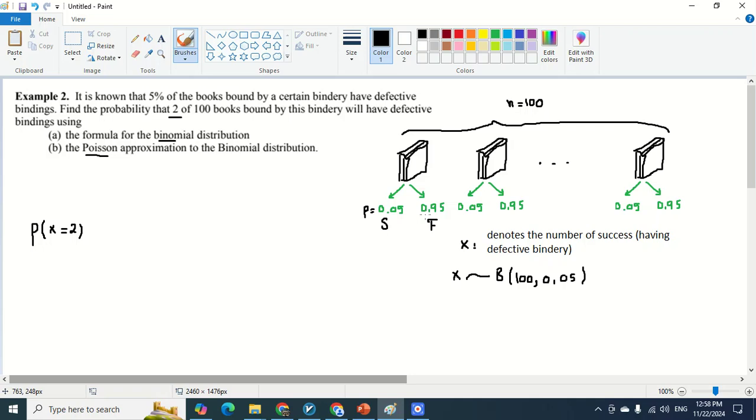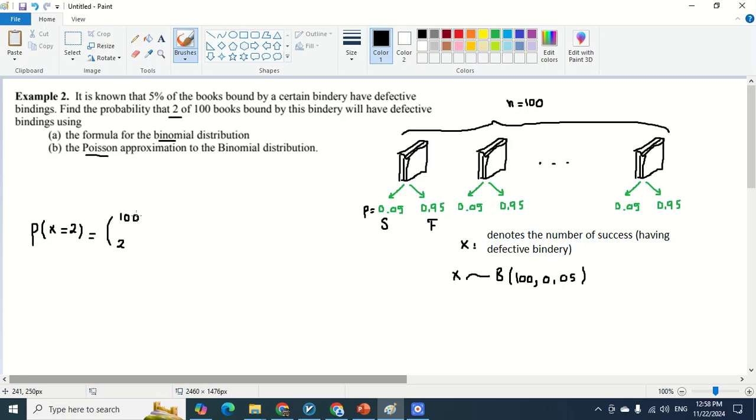Second, the probability of success is constant for all cases, and it does not change from one book to another one. And third, the random variable x denotes the number of successes, or having defective binding. So the probability of x equal to 2 will be a combination, choosing 2 cases out of the 100 that we have.